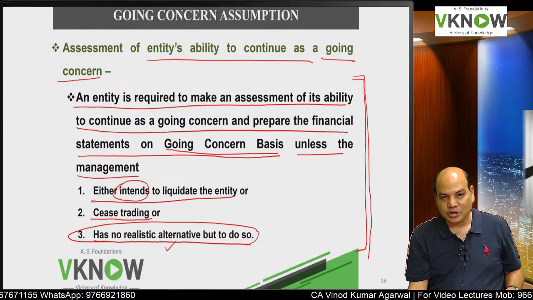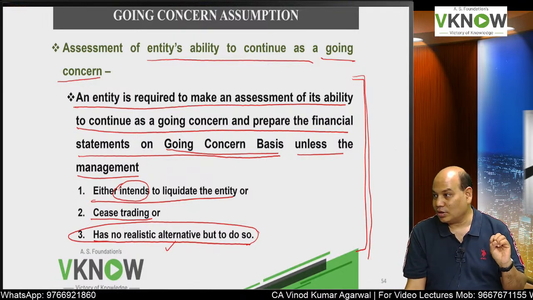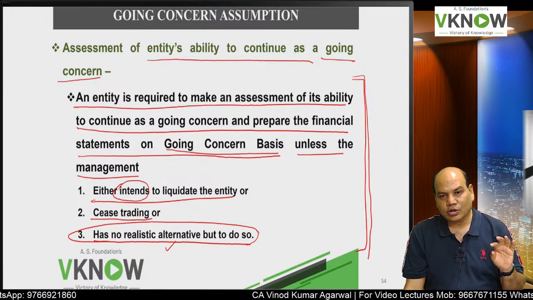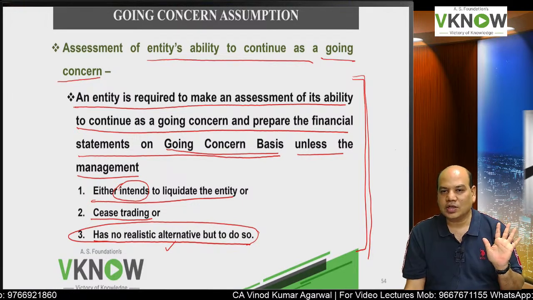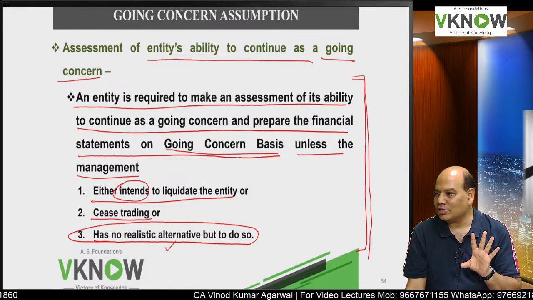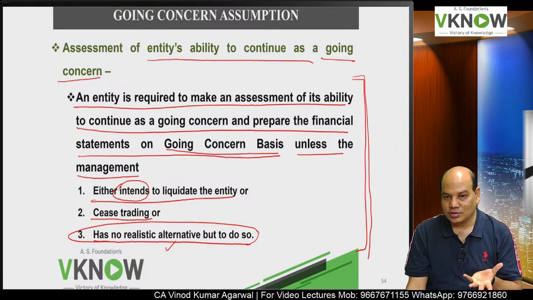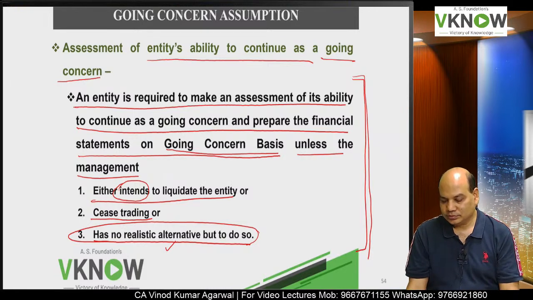Or let's say simple example, company machines are designed for diesel cars only, and the government says no more diesel car with effect from this date, and if you have no other realistic alternative to find some other usage of those resources, you will have to wind up.